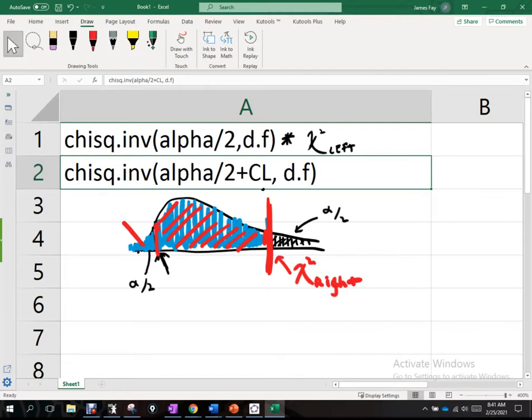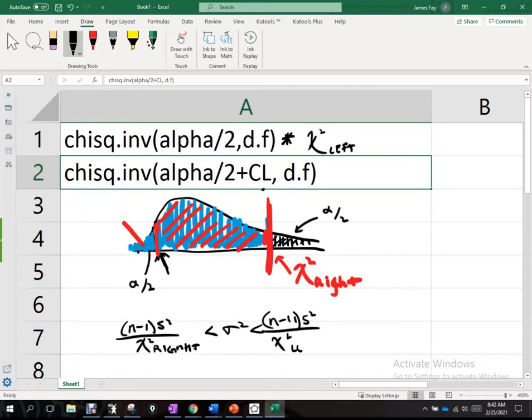Now, the one thing I hope we remember is that this chi-squared left value, when we put it into our formula, so our formula for our confidence interval, is going to be n minus 1 s squared over the chi-square, actually the right value here, less than your variance, less than n minus 1 s squared over chi-squared left.